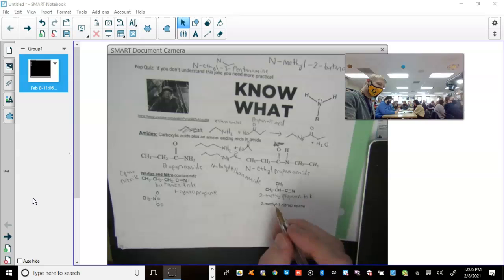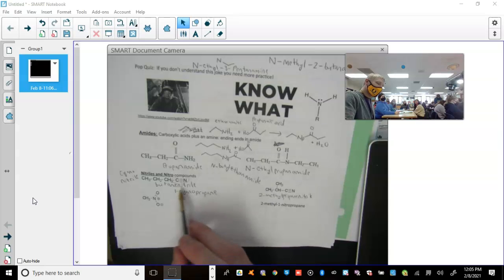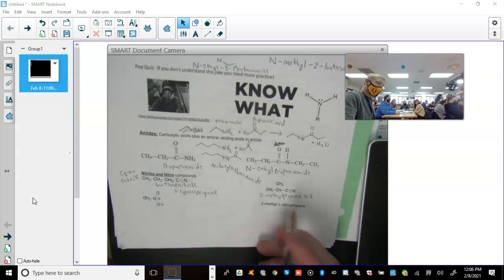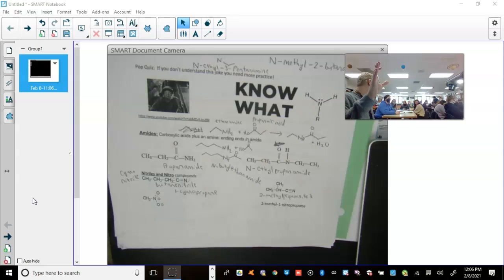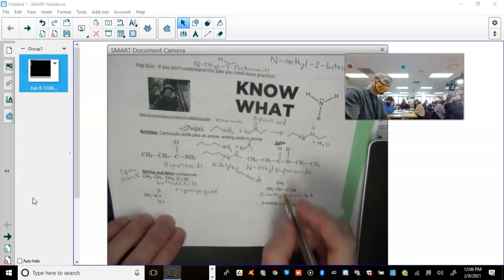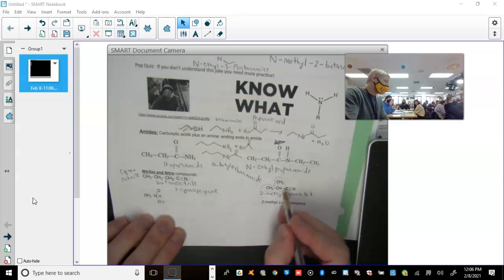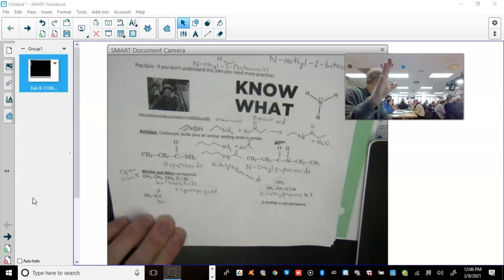Another way, if you're doing it as cyano, let's see. If you're doing the nitrile, you count the carbon. But if you're calling it cyano, then the CN is a cyano, and you can't name that one carbon twice. So let's do the cyano. It looks like this is the main chain, but you have to invert yourself and think, actually this is the main chain, and this is a cyano functional group hanging off.